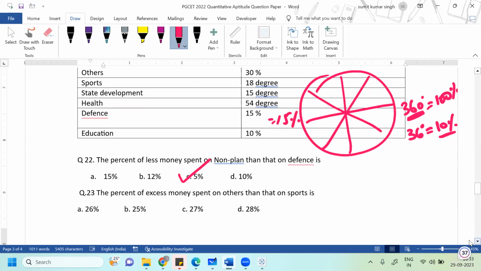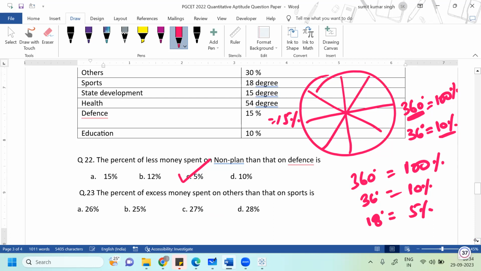Okay, the percentage of excess money spent on others. Others is 30%. And then on sports, sports is 18 degrees, guys. So 360 degrees is 100%, 36 degrees is 10%, and 18 is half of 36, right? So 18 degrees would be 5%.